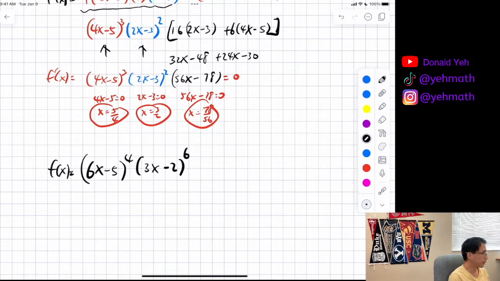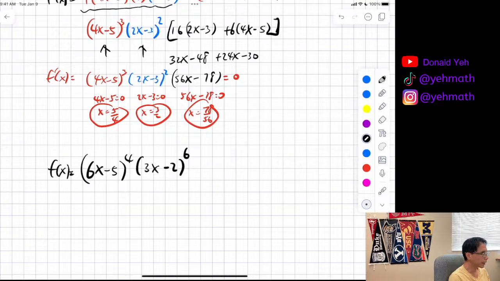Lefty right plus righty left, or it doesn't matter which order. Yeah, it can be lefty right or righty left to start with, and just the other side. But the quotient rule has to start with low, low D high minus high D low. It's plus 3 because the quotient rule is minus.